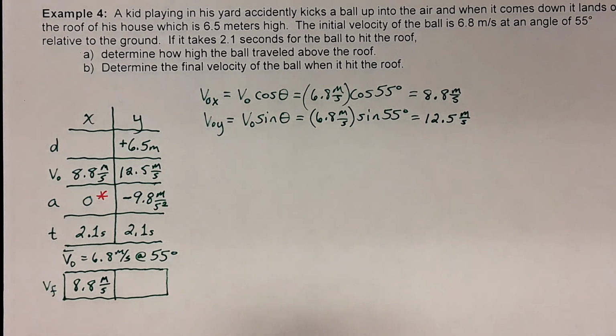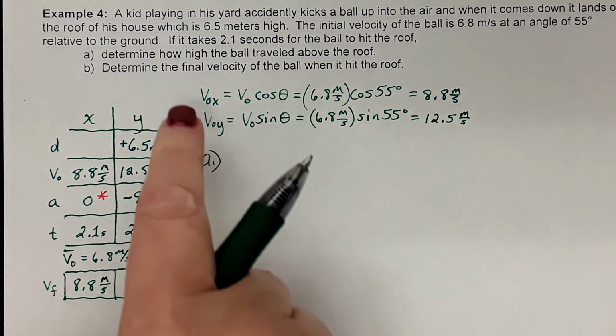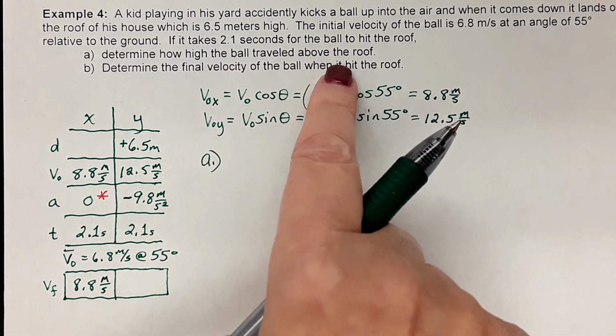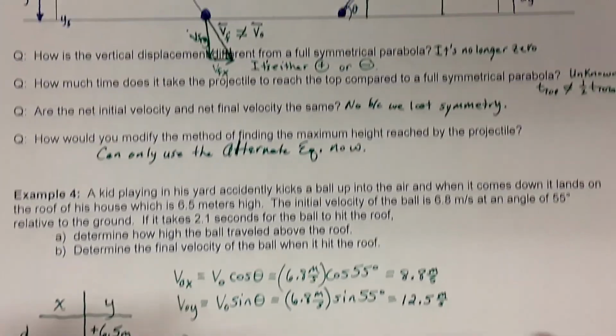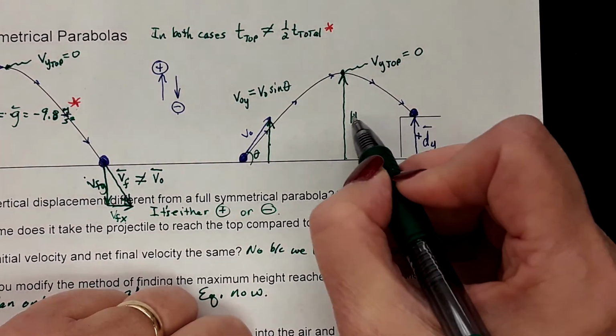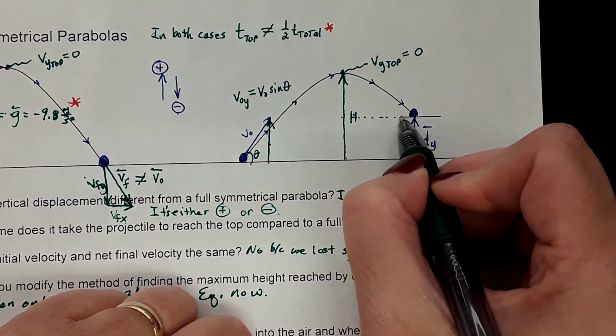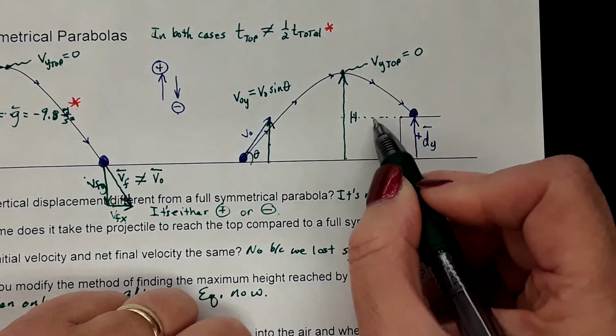All right. Now, let's take a look at part A. They wanted us to determine how high the ball traveled above the roof. Now, I want you to notice something. Here's the roof of the building. They want to know how far above that it went. They don't want this part.